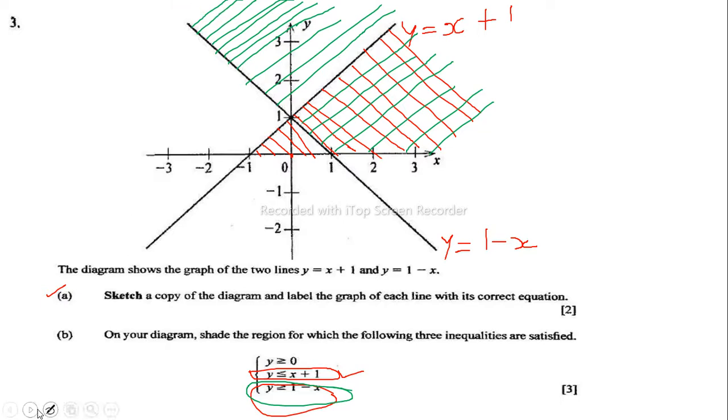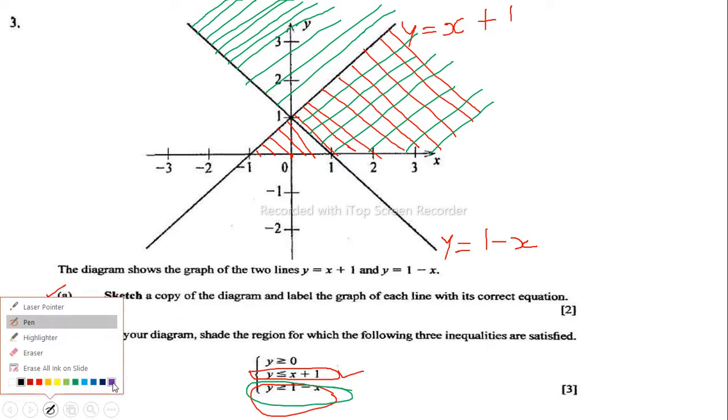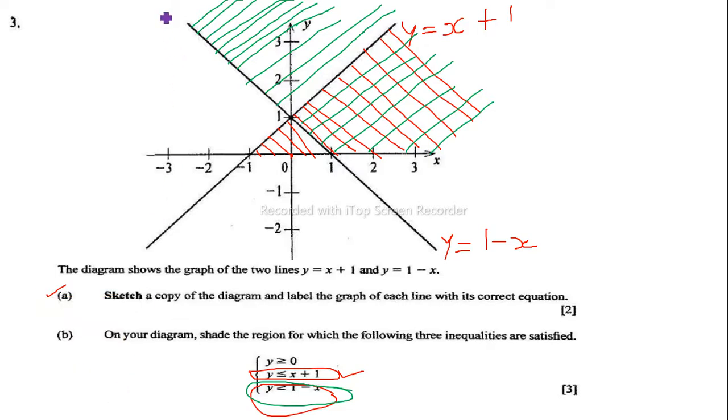Let's use purple instead. All right, so all this has to be shaded because y is greater than 0. Y is bigger than 0. So this just has to be shaded as well.